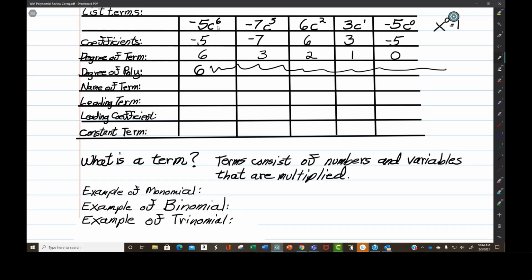The name of this term is not exciting. It's the 6th degree term.